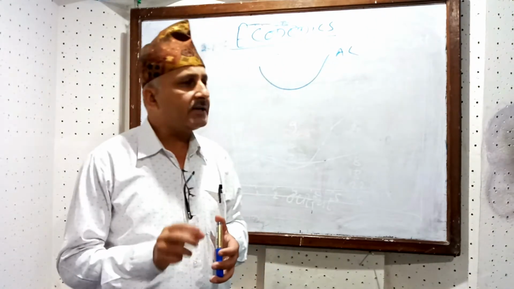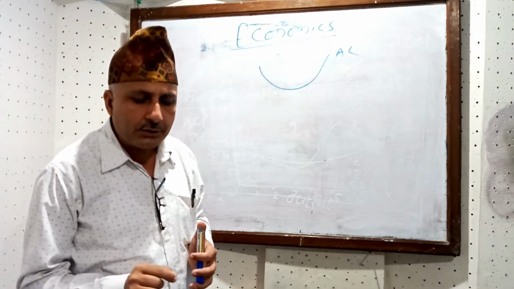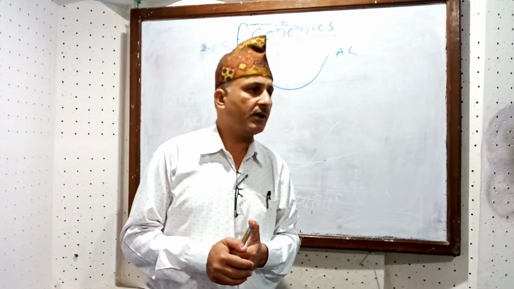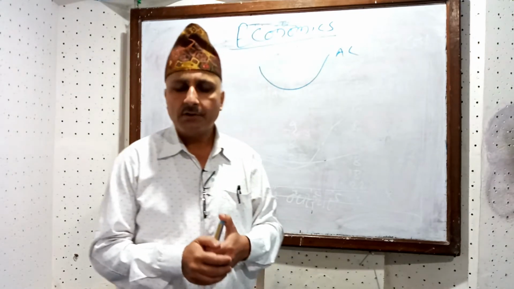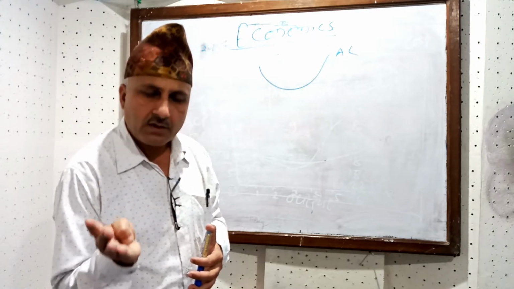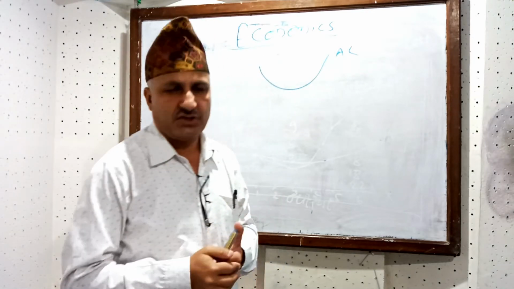This law, the law of variable proportions, includes three types of returns: increasing returns, constant returns, and diminishing returns.